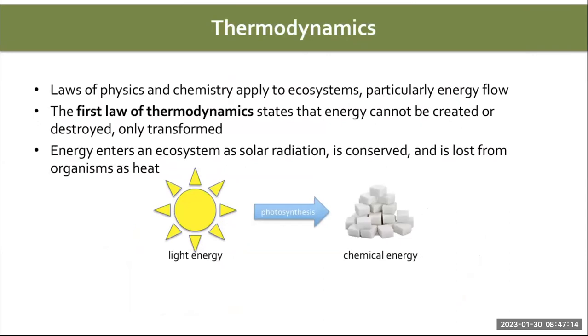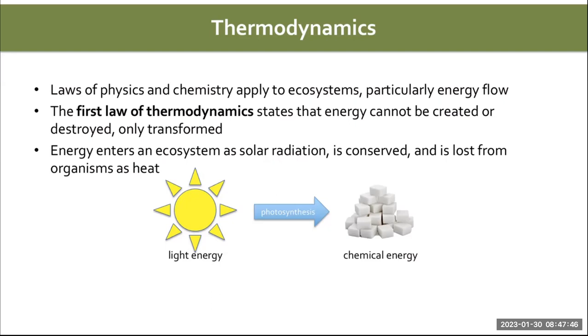Now, I want to introduce briefly throughout this lecture, two principles of thermodynamics that are really important in understanding what we're going to be discussing about the nature of energy in ecosystems. The first law of thermodynamics, so this is a law of physics and chemistry, but we're applying it here to ecosystems, in particular, this issue of energy flow.